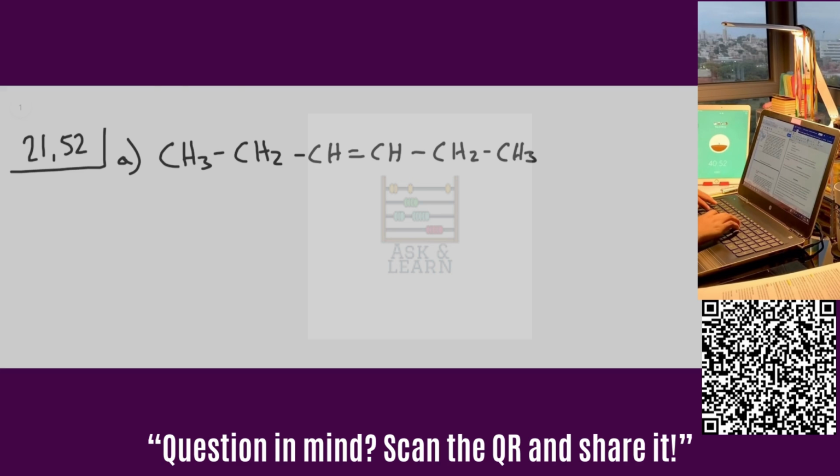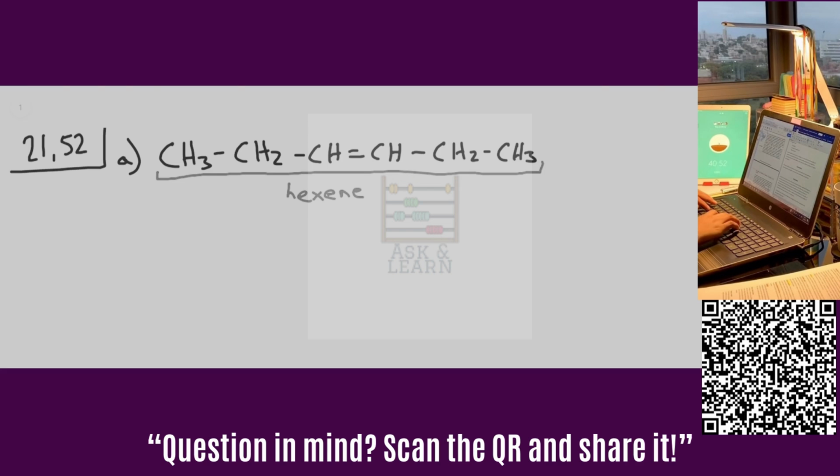The first thing that we need to do is name our longest carbon chain, which is 6 carbons long, so we have a prefix of hex. And then we recognize that we have a double bond, so the suffix will be ene, hexene.